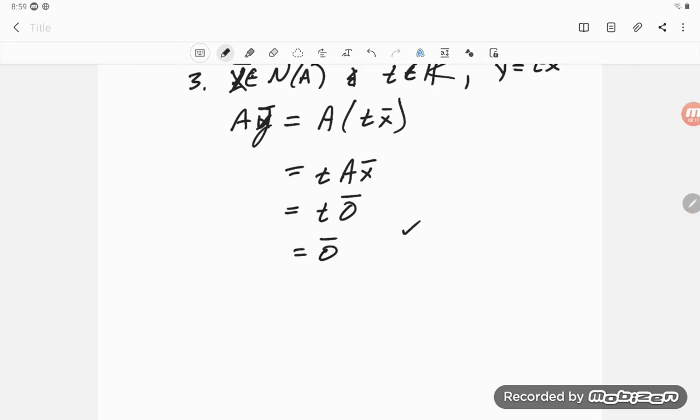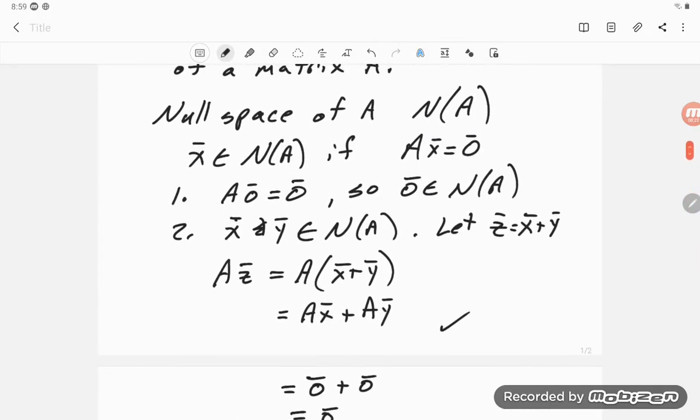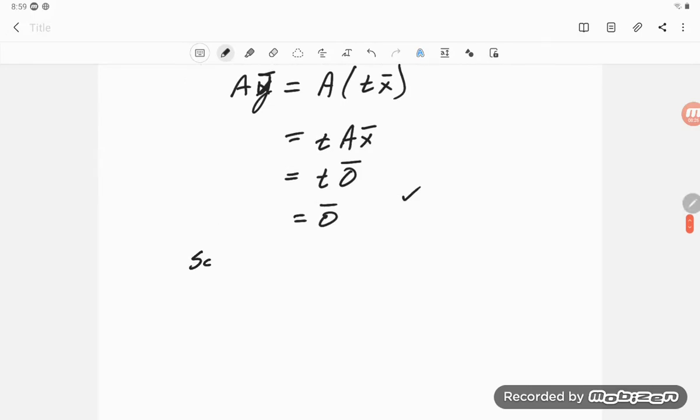Okay, great. So we showed that this is indeed a subspace, so N of A is a subspace of Rn.